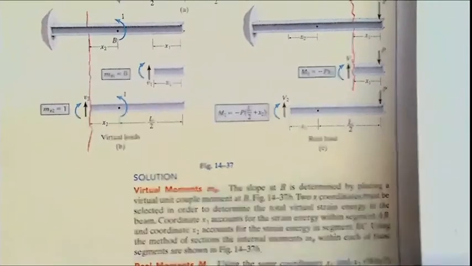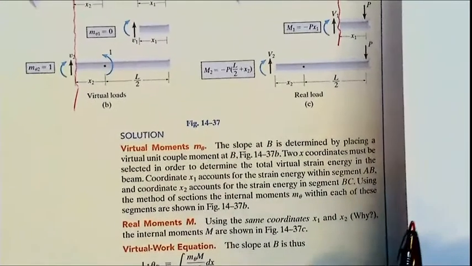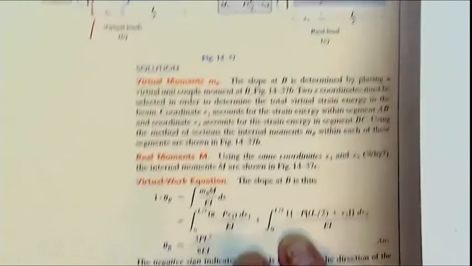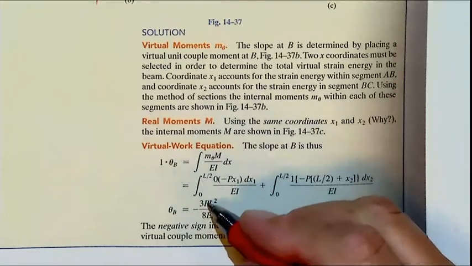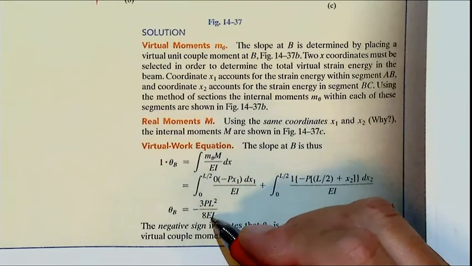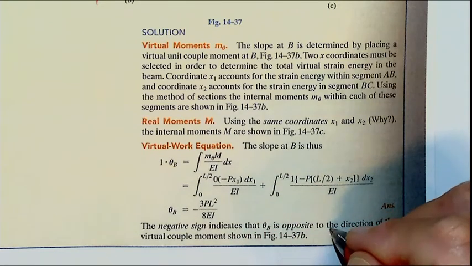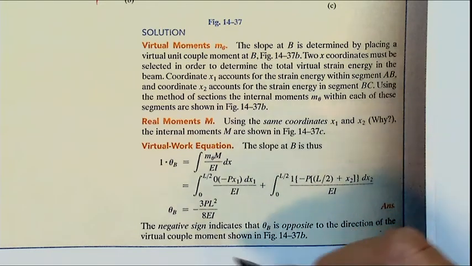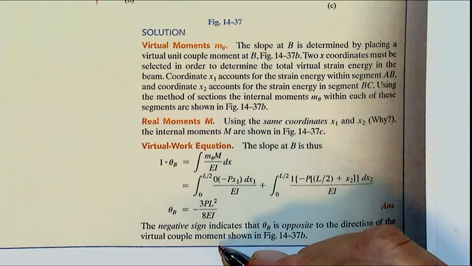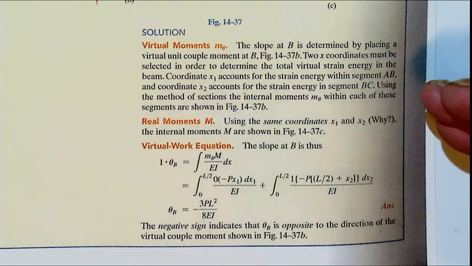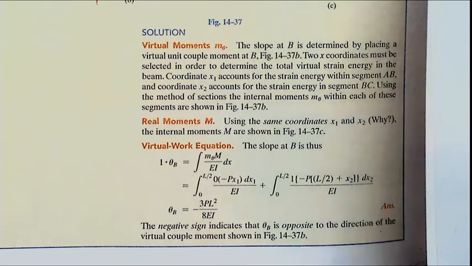Then this value equals P times L half plus x2, integral from 0 to L over 2. Theta B equals minus 3PL squared over 8EI. The negative sign indicates that theta B is opposite to the direction of the virtual couple moment. It's against what I anticipated. Any questions?